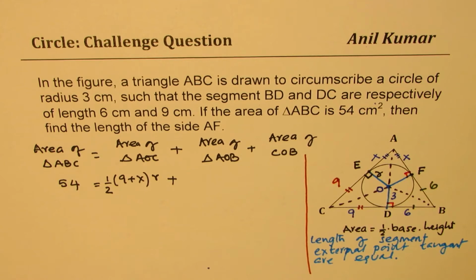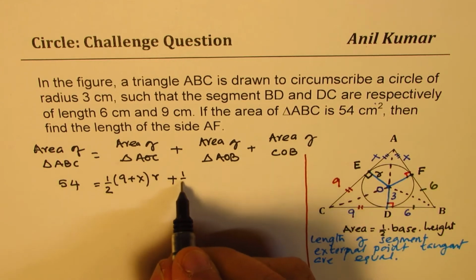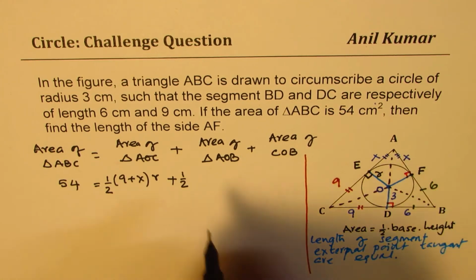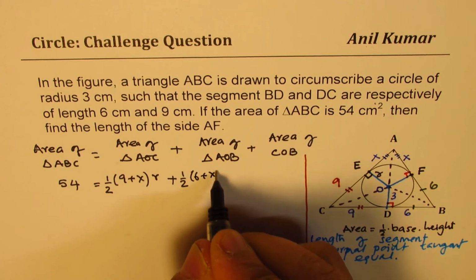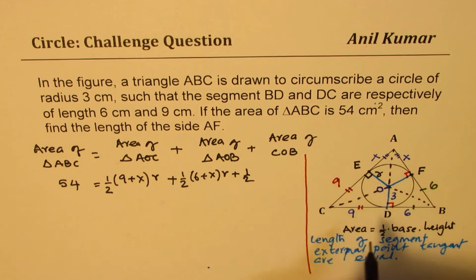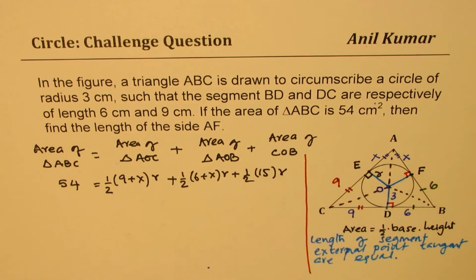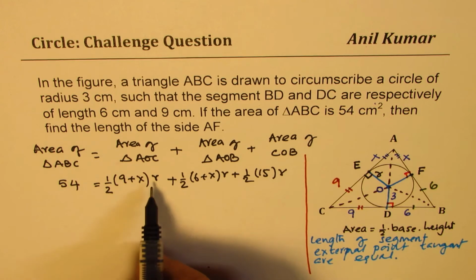For the next triangle, AOB will be AB, which is 6 plus x, times r. And for COB, 9 plus 6 is 15, so 15r. That becomes an equation in only one variable, x. R is equal to 3.